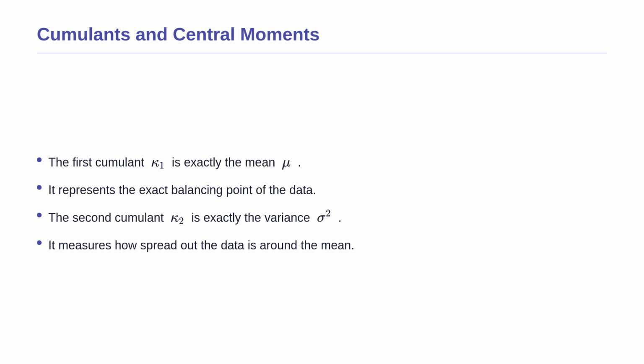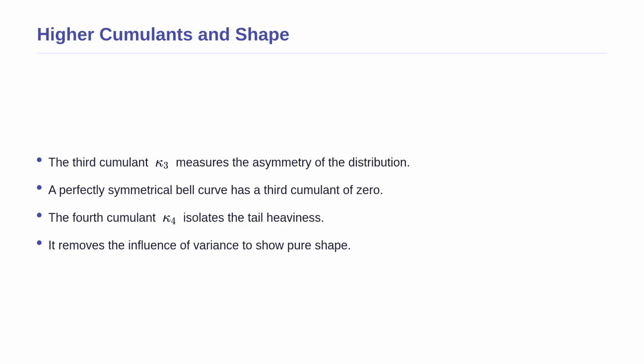This is where the magic of this function shows its true value. It gives us the variance directly. A larger variance means the data is widely scattered, while a smaller variance means the data is tightly clustered around the mean. Moving beyond the mean and variance, the higher cumulants describe the physical shape of the probability distribution.